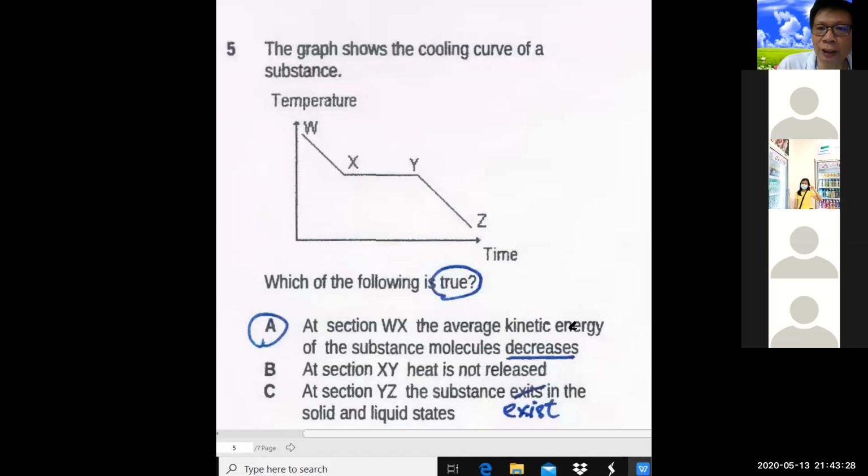When the average kinetic energy decreases, the temperature also drops. Why does it decrease? Because heat is released. Once you release the heat, the molecules have less kinetic energy, so the temperature drops.